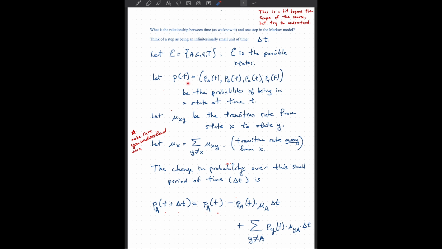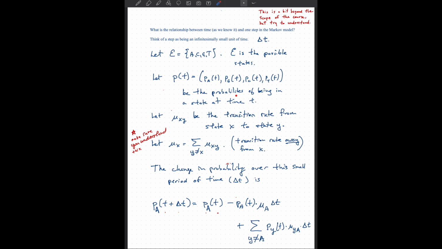Let's let P at t be this vector. It just means that we have a probability for A, a probability for G, for C, and T. You guys know that. It's like a numeric vector in R. Each one of those values is the probability of being in that state at that time.